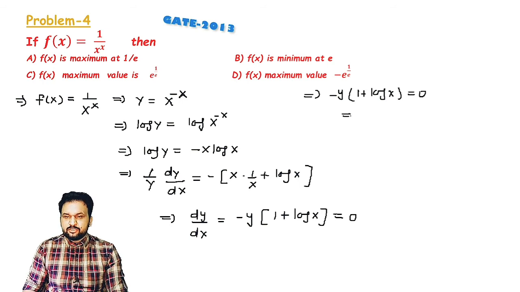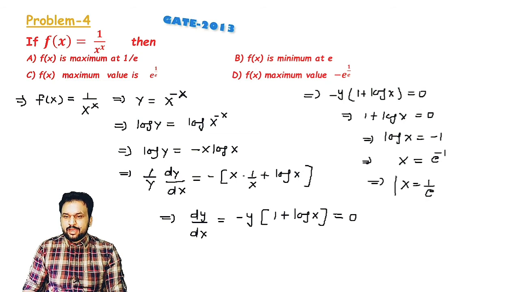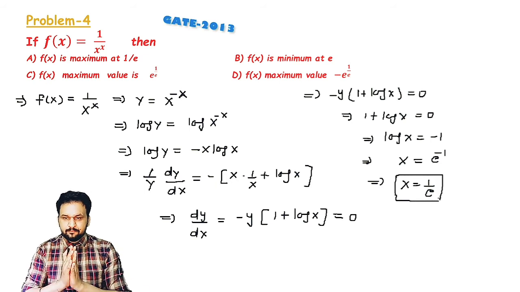By this relation, you can see it becomes 1 plus log of x equal to 0. And here you get log of x equal to minus 1. So if you are taking e on both sides, x is equal to e raised to power minus 1. Am I right here? Or you can say that x is 1 by e. So my dear friends, here you got 1 point, that x is equal to 1 by e.